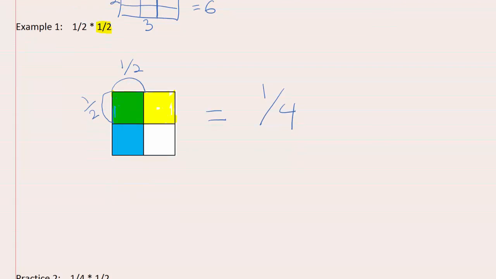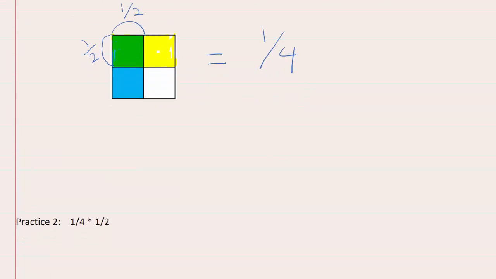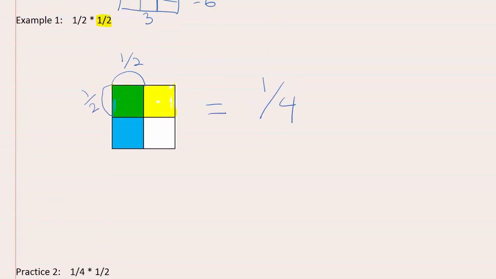So that's going to be how we're going to draw a lot of these pictures. So let's go ahead and see if you can figure out what we would get if we multiplied 1/4 times 1/2. I'm going to give you a chance to pause the video and try that problem.